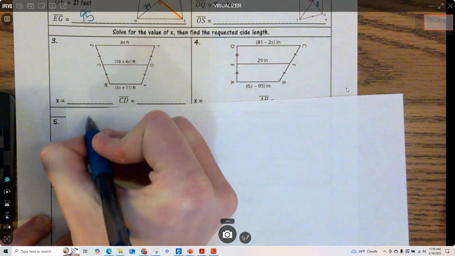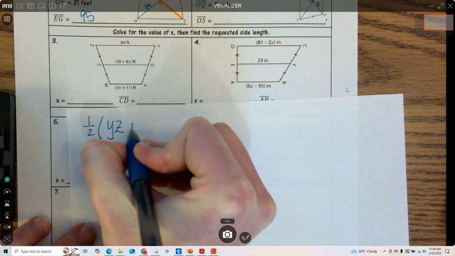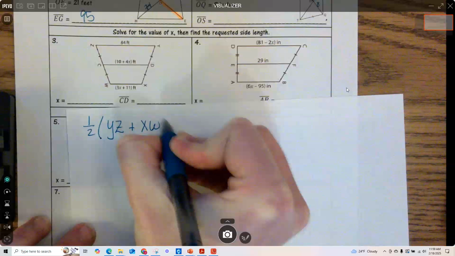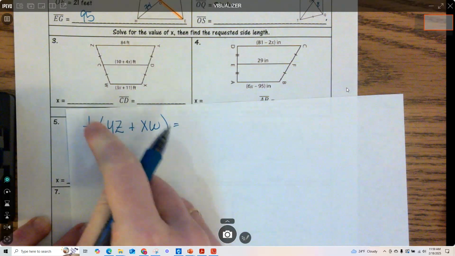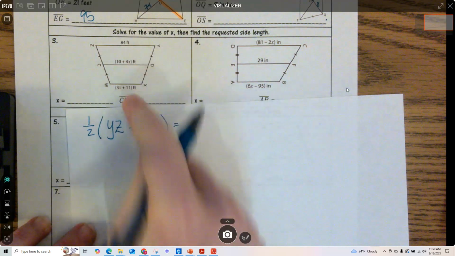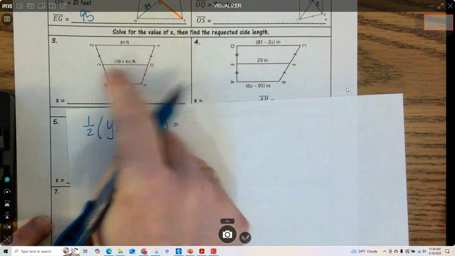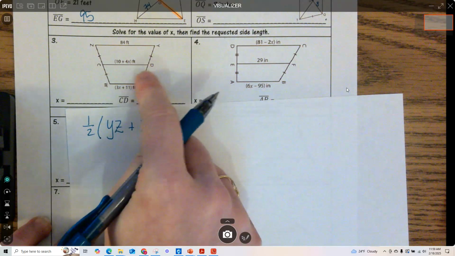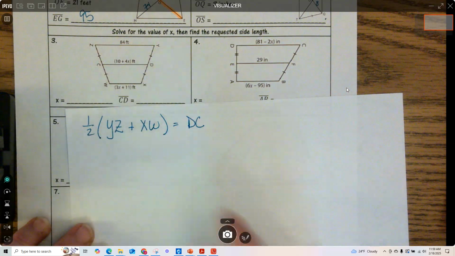So on this one, 1/2 of YZ plus XW is going to equal the mid-segment. So take the two bases, add them together, divide it by 2, and you get the length of the mid-segment, which is DC. It's easier to write it out like that and then go back and fill in your pieces.